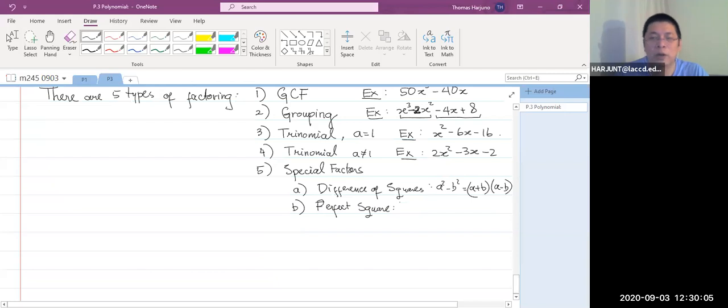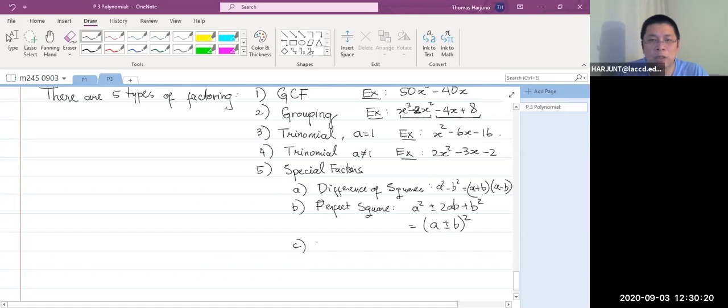That is when you have the pattern a squared plus or minus 2ab plus b squared, which will be (a plus or minus b) squared.